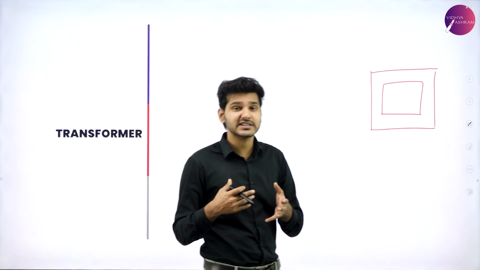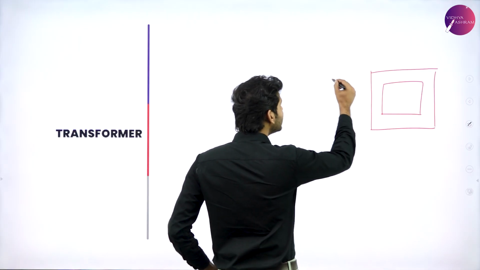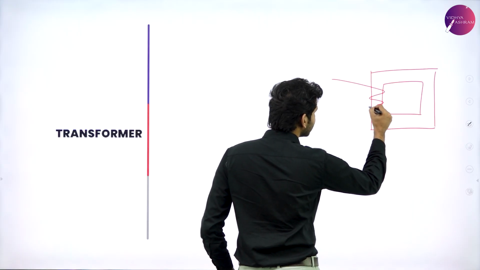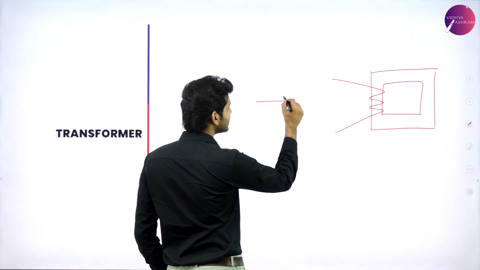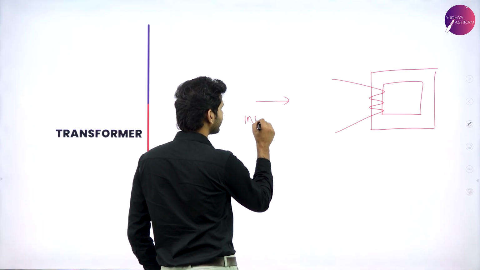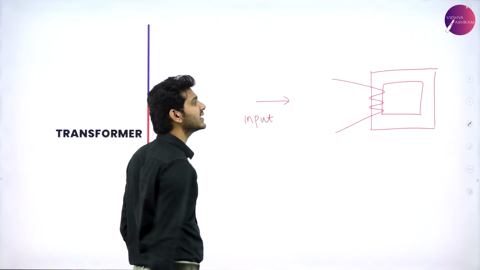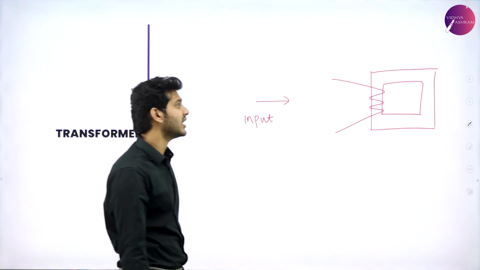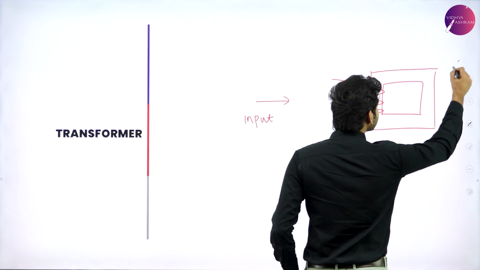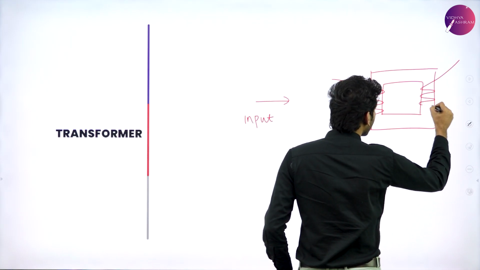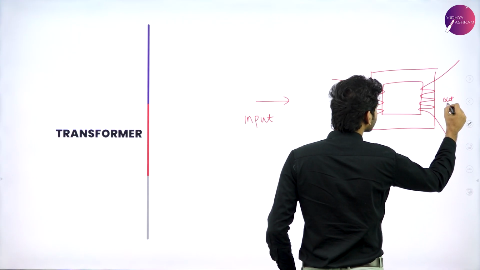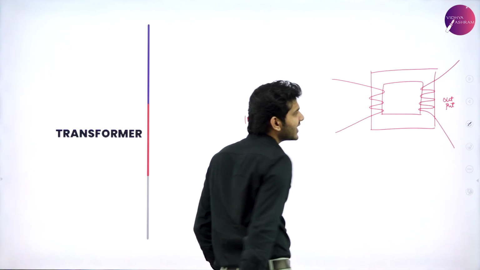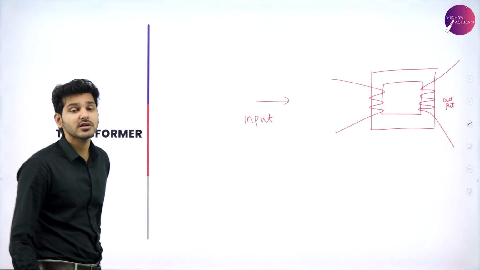The very simple explanation is that there will be an input terminal. Let's say this is the input. And automatically, if there is an input, there should be an output. So I'm saying that this will be the output. So we have an input and we have an output.